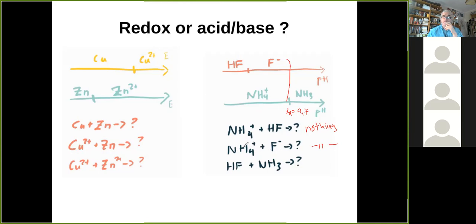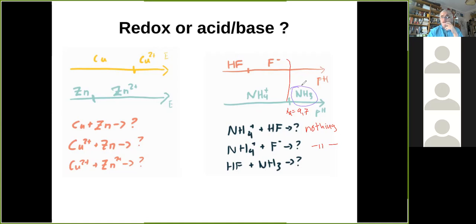The majority of the ammonium ions and the majority of the fluoride ions will just stay and coexist with each other. However, in the last case here, hydrogen fluoride and ammonia don't coexist: hydrogen fluoride exists at acid environments and ammonia at basic environments.